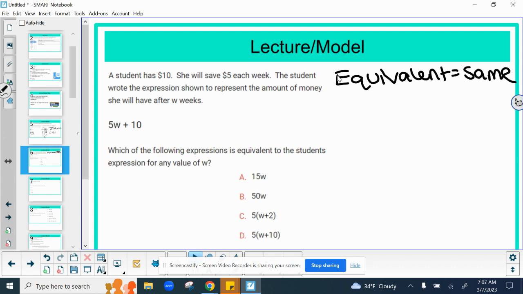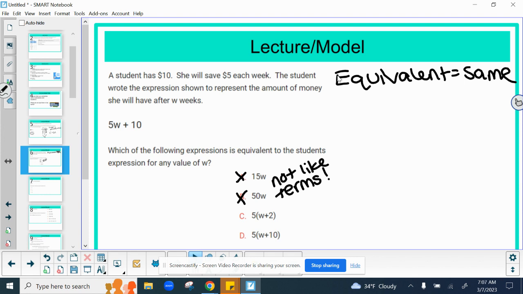Okay, so I'm looking here and I'm automatically going to eliminate A and B because you cannot combine a W with a constant. They are not like terms. You can't add or multiply them together.